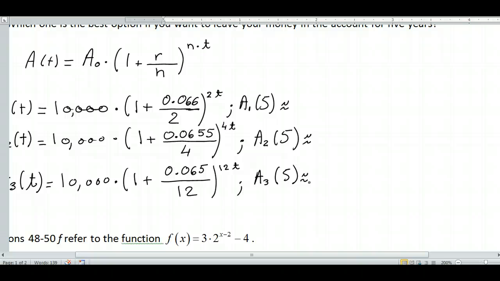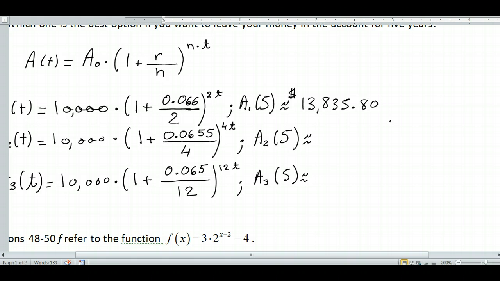And this is about $13,835.80. We should write to the hundreds.